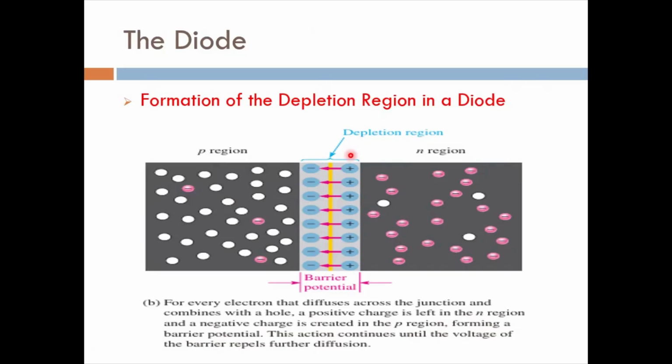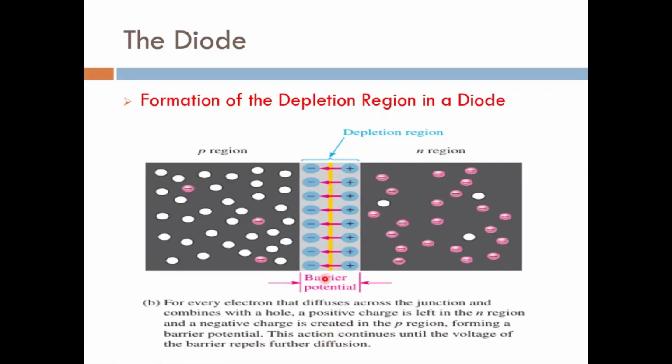So basically this region is called the depletion region, and this region acts as a barrier, a hindrance to the flow of current, and the voltage or potential developed across this is called the barrier potential. This action continues until the voltage of the barrier repels further diffusion.